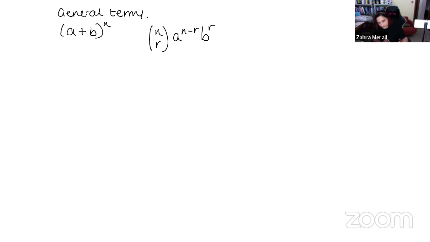So for example, if I had 2 plus x to the 10, and I know the power that I want is the third term. So if I tell you I want the power of x that I want is 3. So I want the x bit to be cubed.